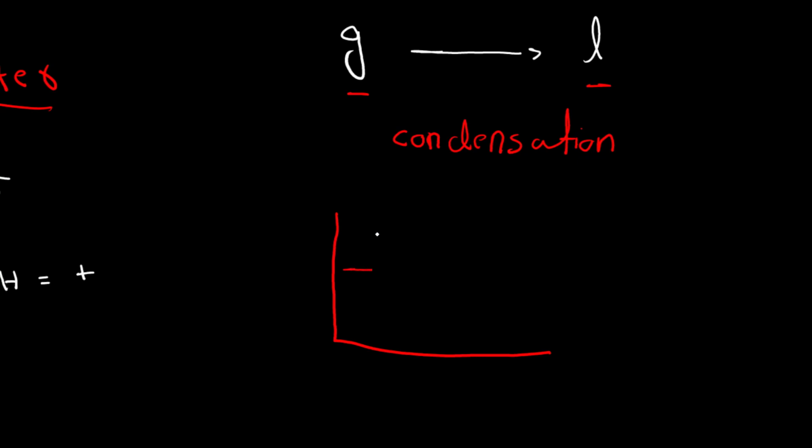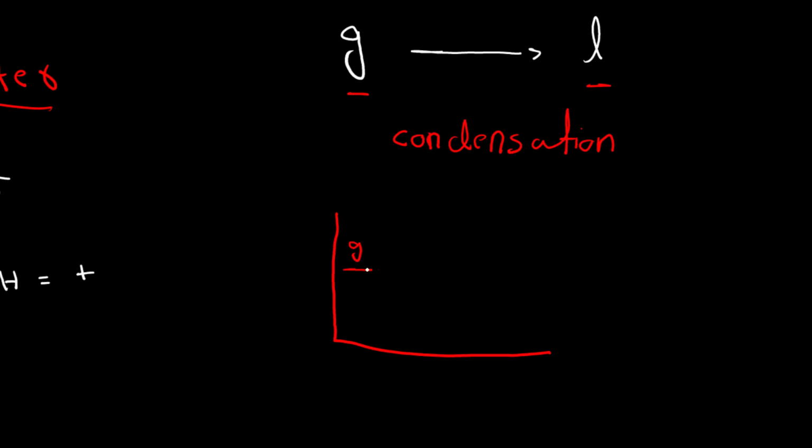As it needs to release its energy, because as we have studied in exothermic and endothermic reactions, an exothermic reaction is a reaction which releases energy, right? And an endothermic reaction is a reaction which absorbs energy, right? So it must release energy to convert to liquid. And here this is a gas, right? So it has more energy.